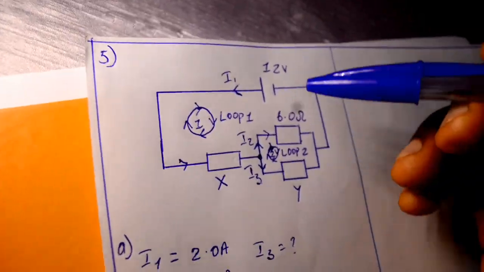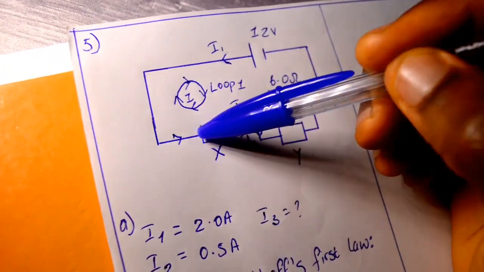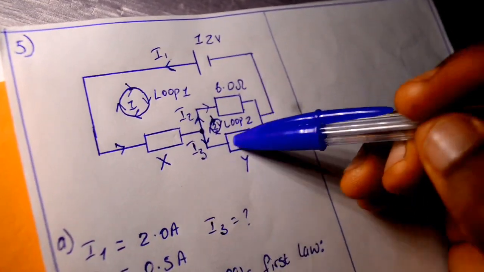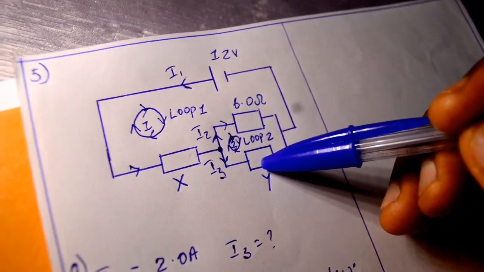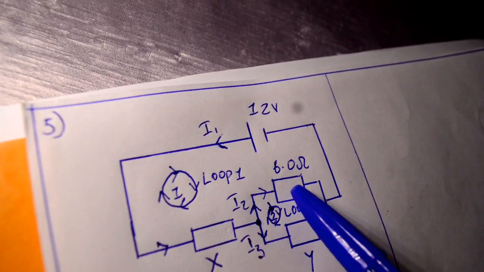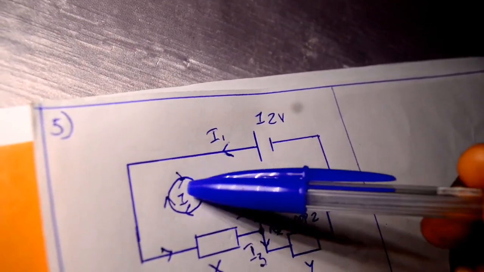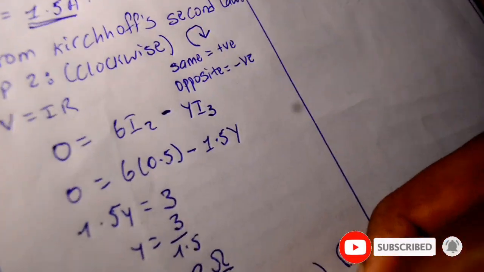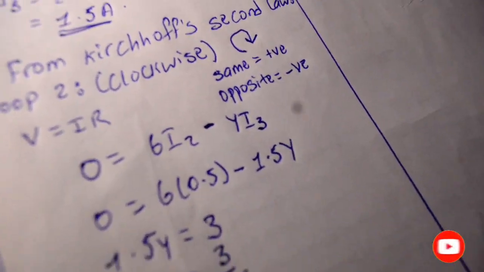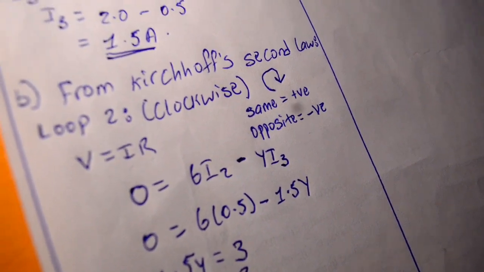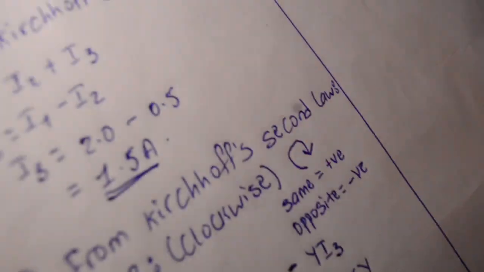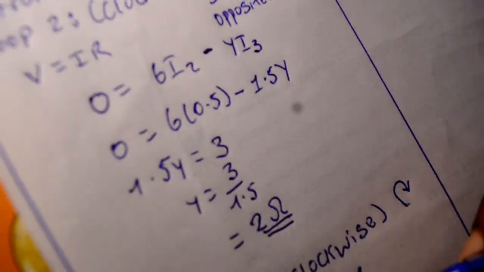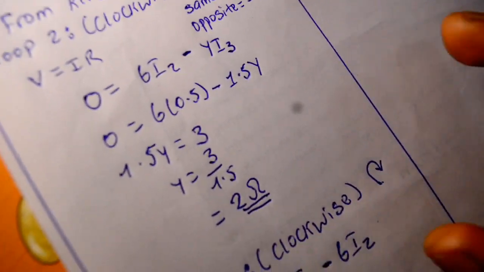But now in this loop 1, there's still another resistor. This resistor. Remember, this resistor Y is not in the loop. The current here is moving towards the right, and the loop is going towards the left, so it's the opposite direction. So it's minus 6 times its current, I2.